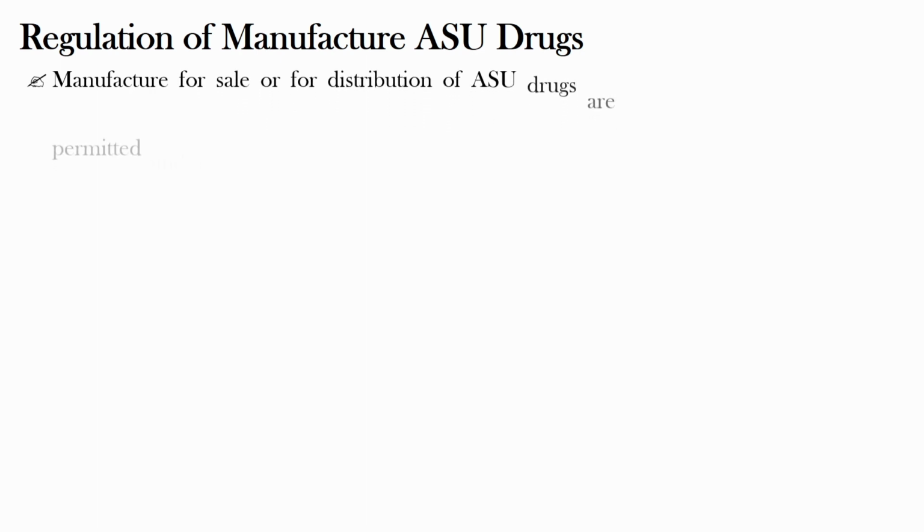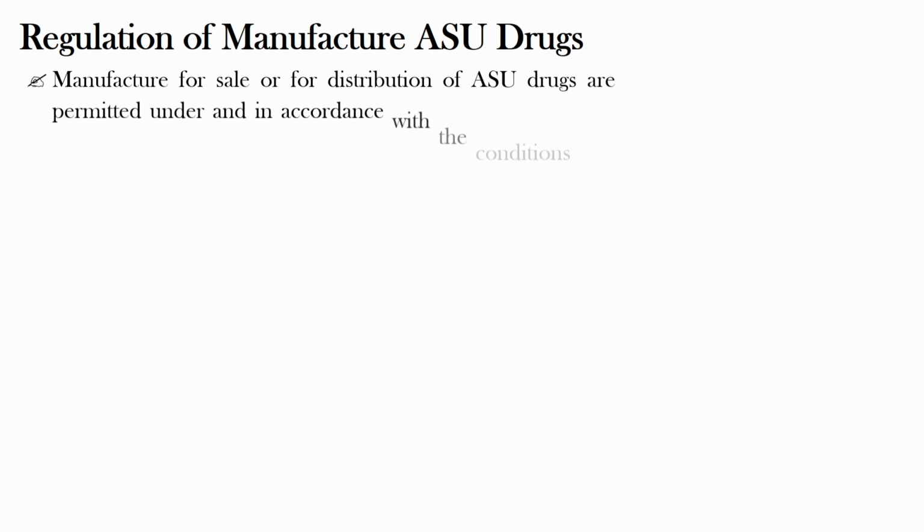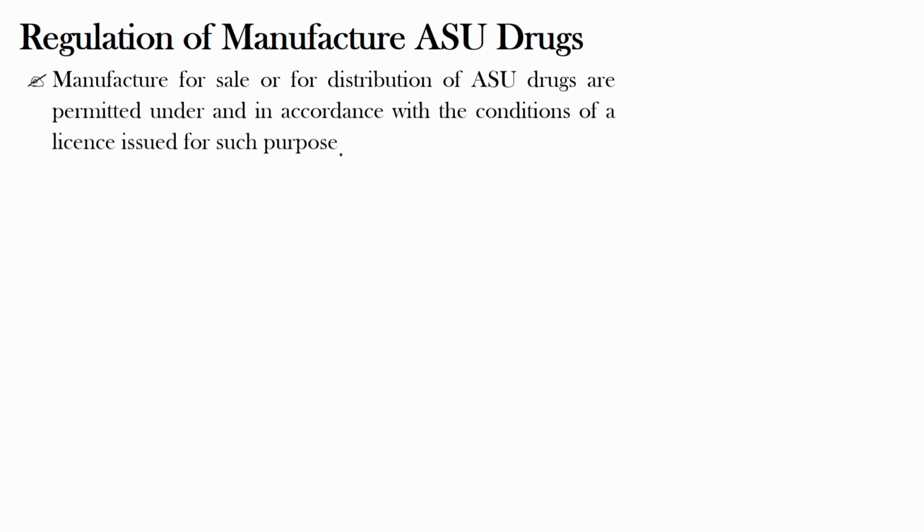Coming to the regulation of manufacture of Ayurveda, Siddha and Unani drugs. The manufacture for sale or for distribution of ASU drugs is permitted under and in accordance with the license, with the conditions of a license issued for such purpose.